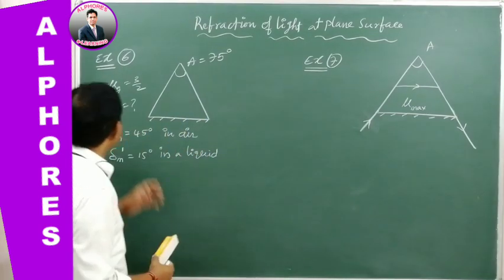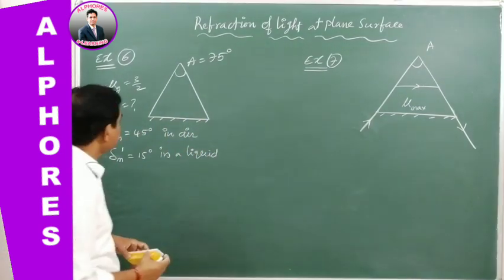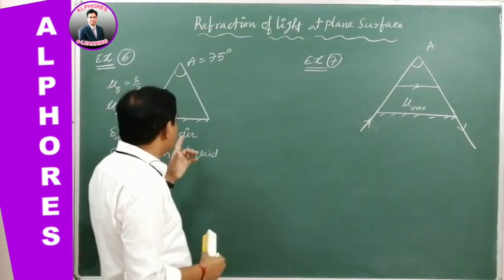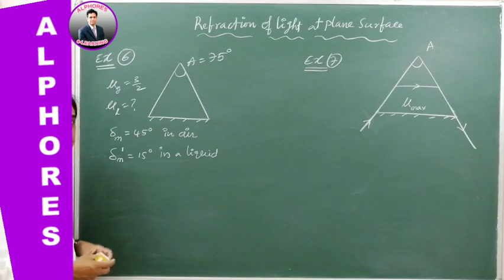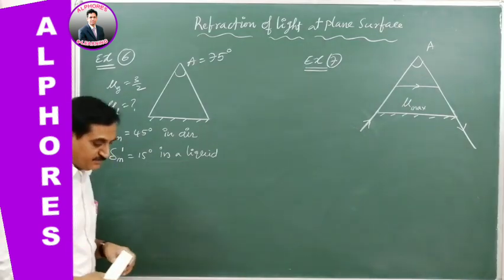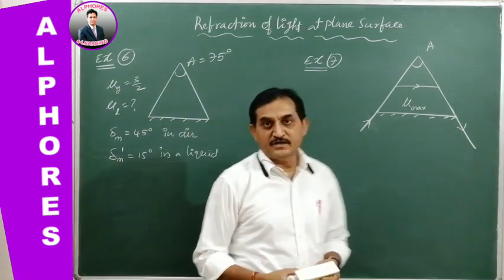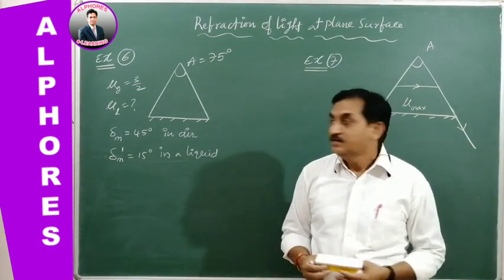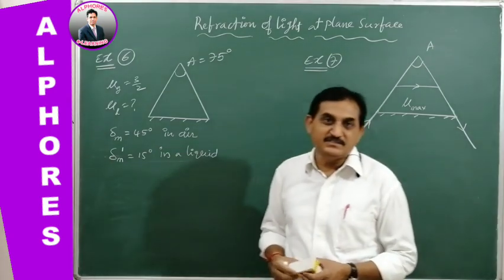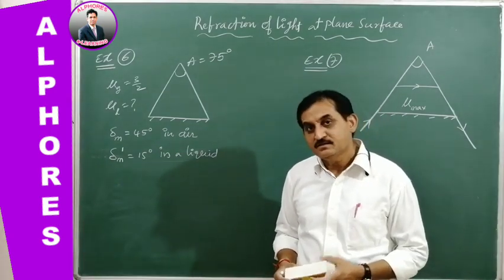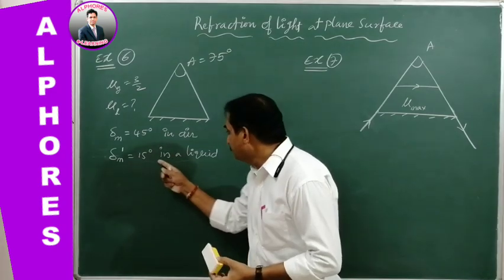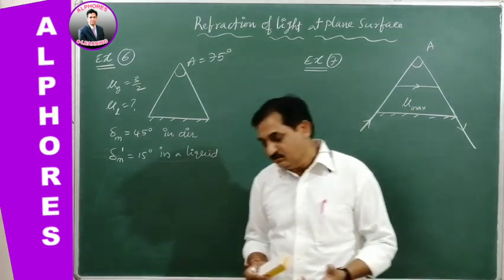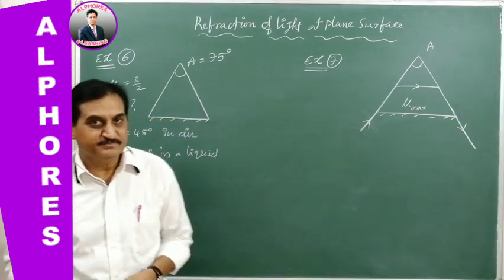Your next problem is the sixth one. A glass material is a prism of angle 75 degrees, and the minimum deviation suffered by the light is 45 degrees when it is kept in air medium. If this prism is submerged in a liquid where the minimum deviation is given as 15 degrees, then what is the refractive index of the liquid?